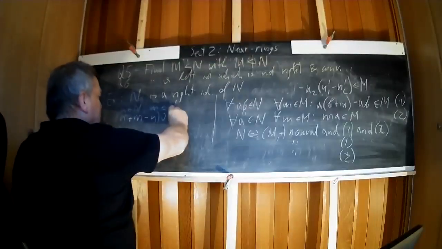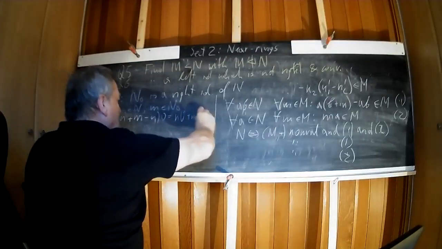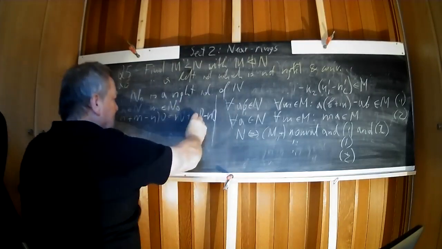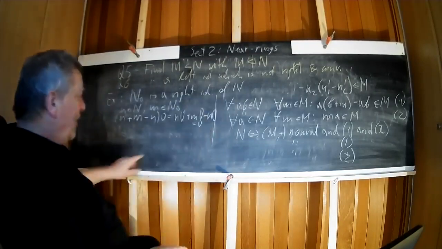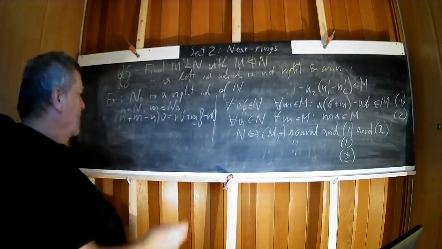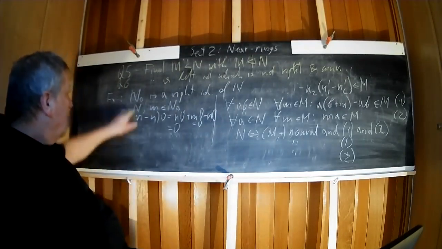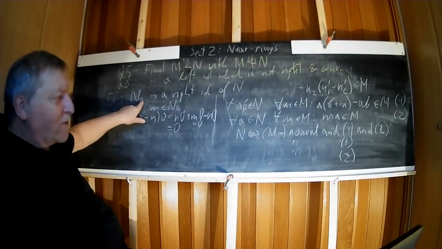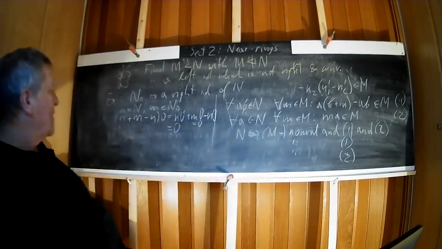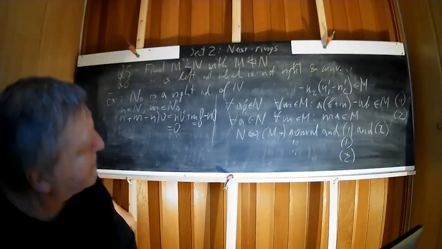This is equal to n times 0 plus m times 0 minus n times 0. Now m times 0 is equal to 0, and you see it ends up as n times 0 minus n times 0, and so the result is equal to 0. So N sub naught is in fact a normal subgroup. We have the first of these requirements, and then we look at the second thing.